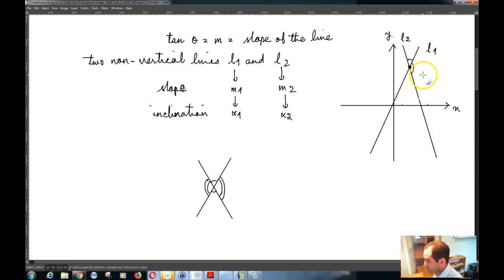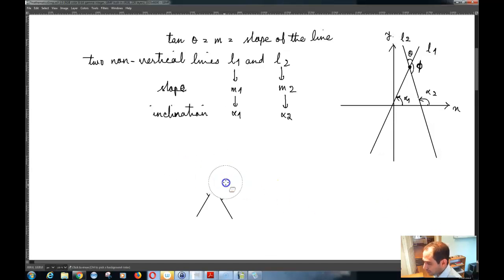So this angle over here becomes alpha 1, and this angle over here becomes alpha 2. And this angle over here, I'm going to call theta, and this angle, I'm going to call phi.